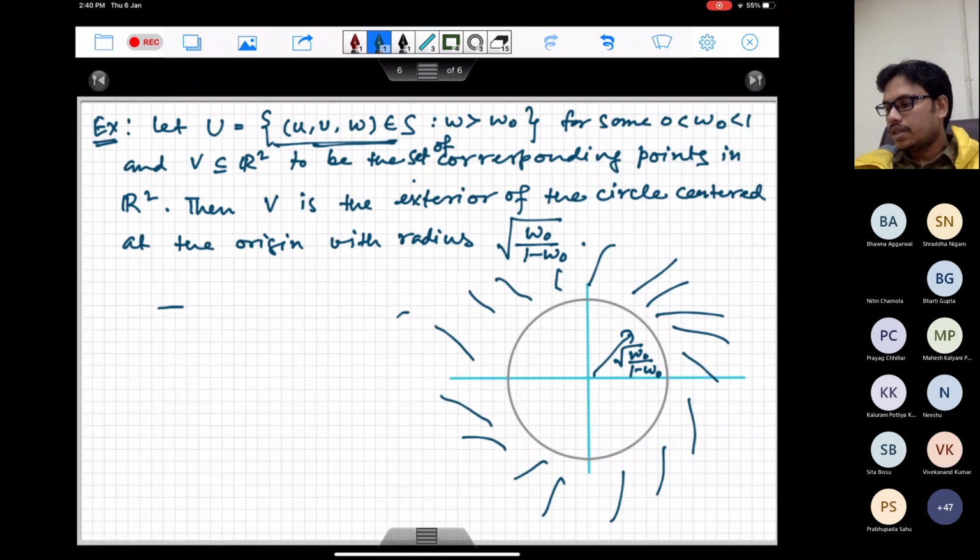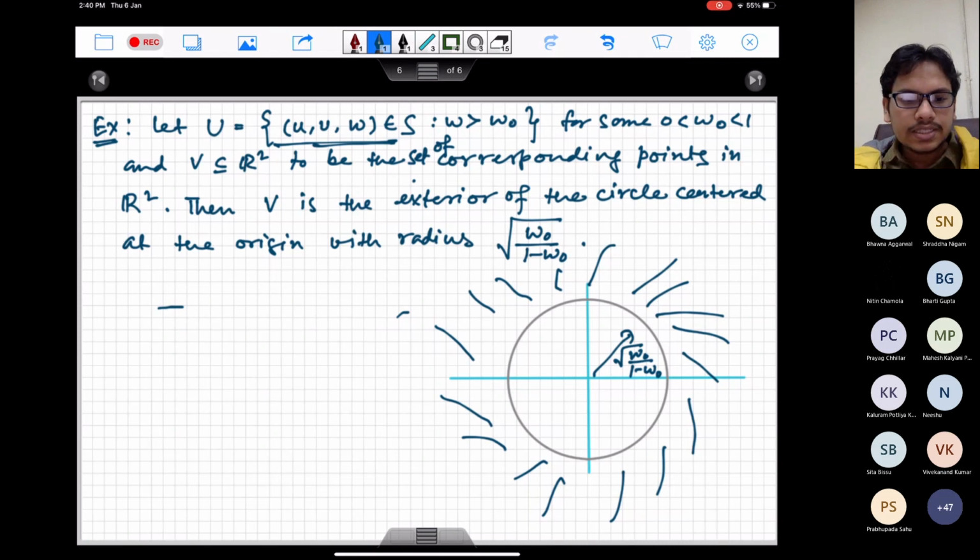You can see that the moment I increase the value of w naught and go closer and closer to 1, this radius is going to become larger and larger. So anything which is outside this circle is going to have larger and larger modulus, right? So therefore, we are going closer and closer to (0, 0, 1), namely.